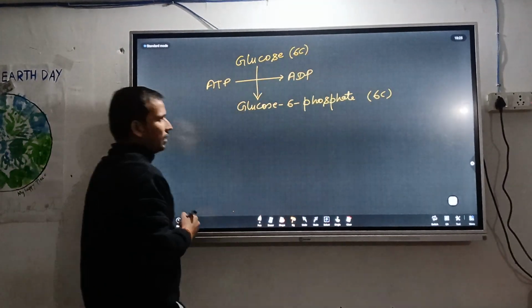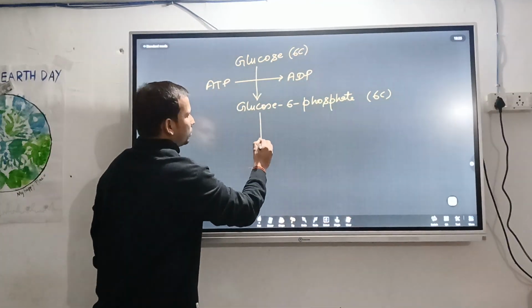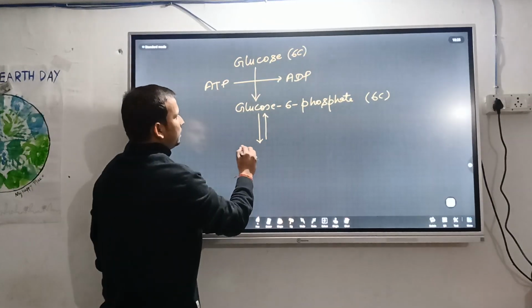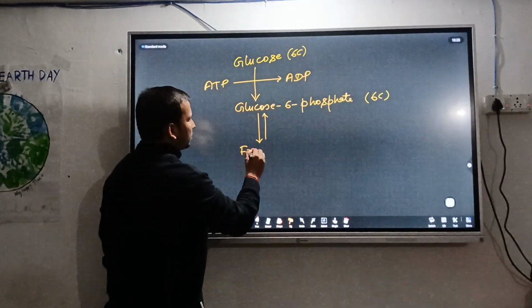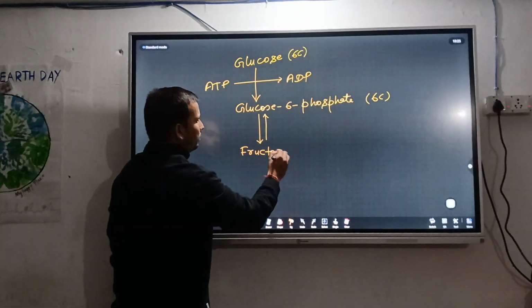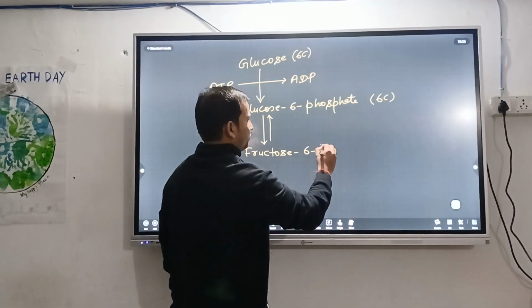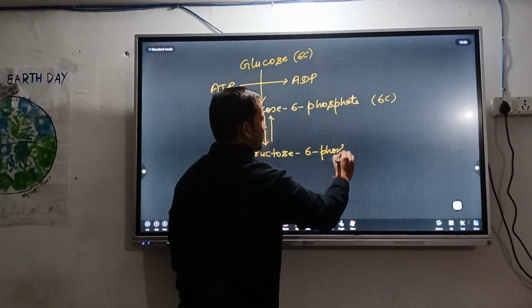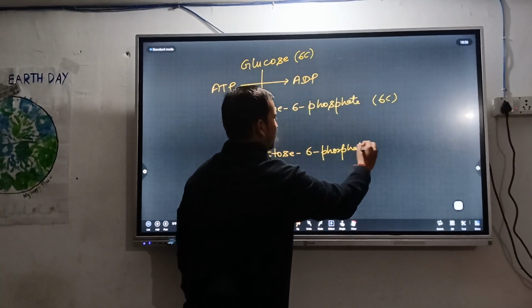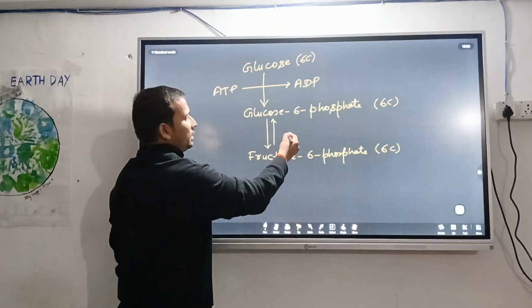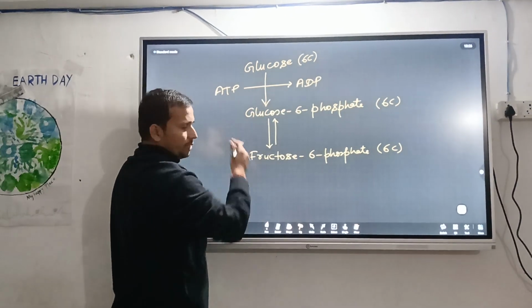Now this glucose 6-phosphate is converted into fructose 6-phosphate. This is also 6 carbon. They are isomers, so the isomerase enzyme, hexokinase enzyme, right?